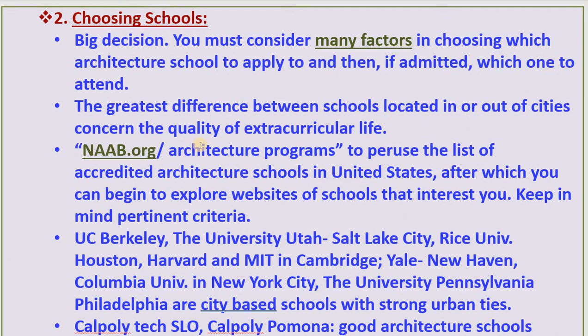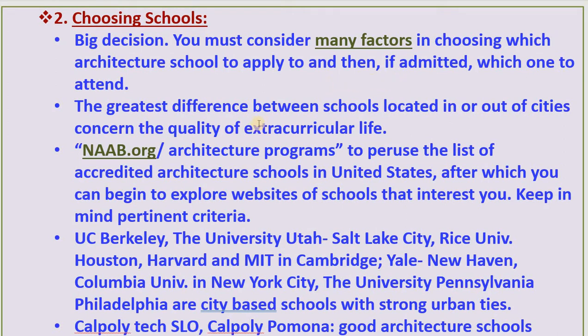Choosing a school is a big decision because we have many factors for choosing a school. You apply to an architecture school, and after that, if they admit you, you can attend.